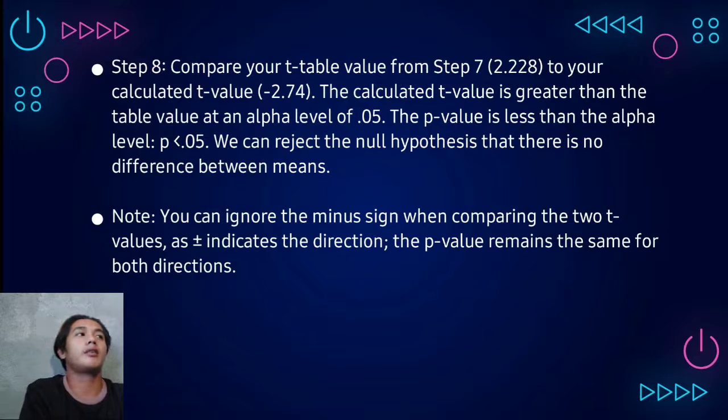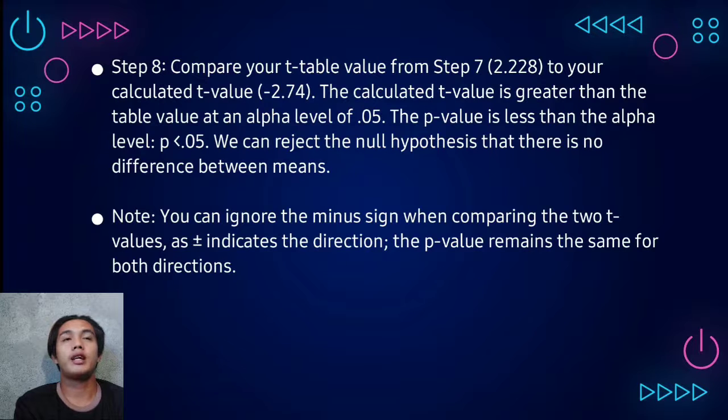This one, step 8. Last step. Compare your table value from step 7 to your calculated T value. Ang ating P value na nakompute natin kanina dun sa table is 2.228. Then, ang nakompute naman nating T-score kanina, yung ginamitan natin ng t-test formula, is negative 2.74.